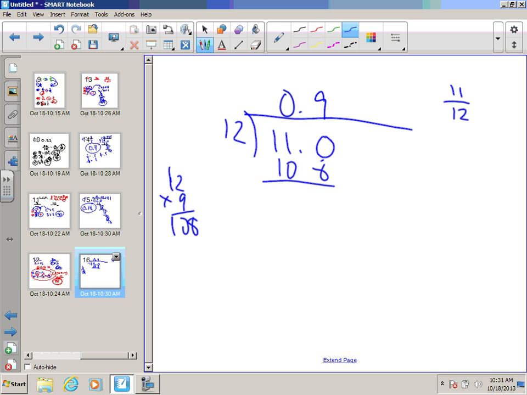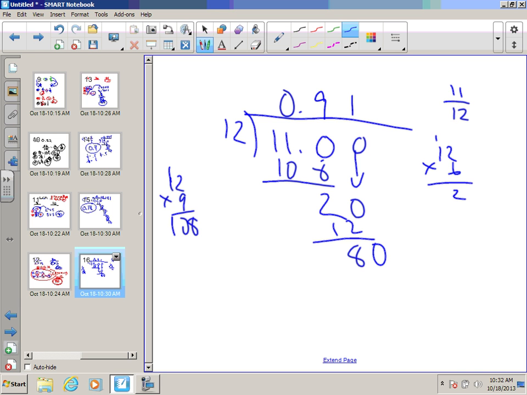108. Now watch carefully. 2. Drop the 0 once. Into 80. 6 is 72, right? Into 80.